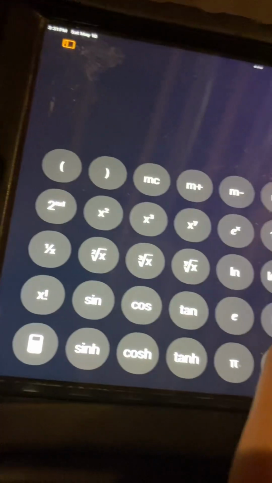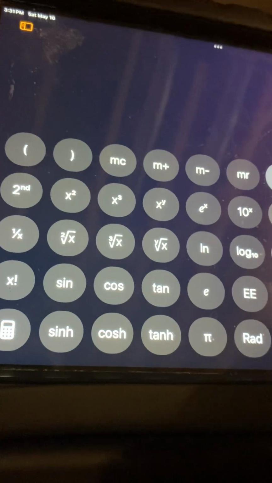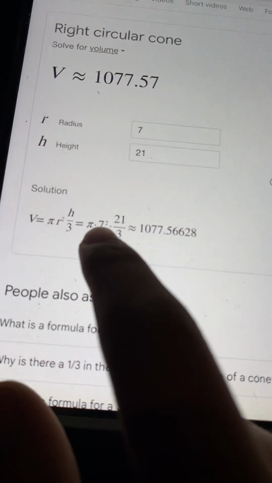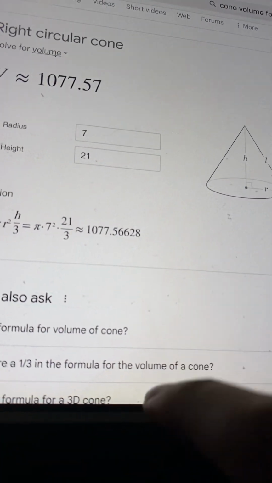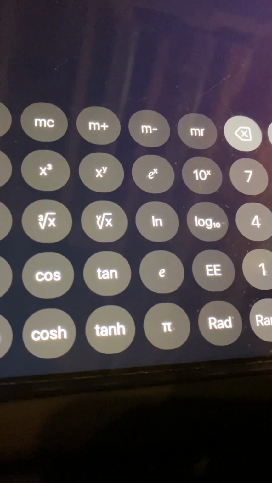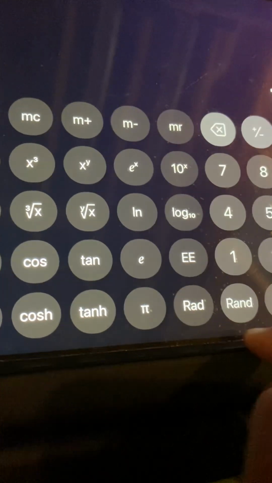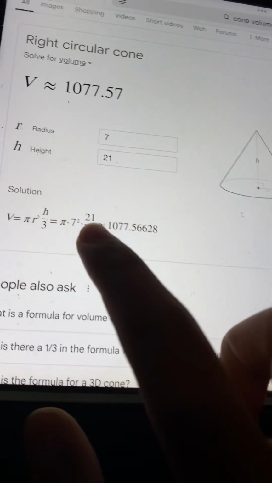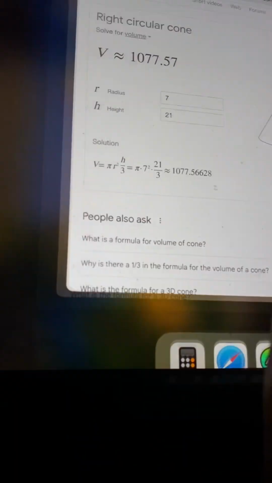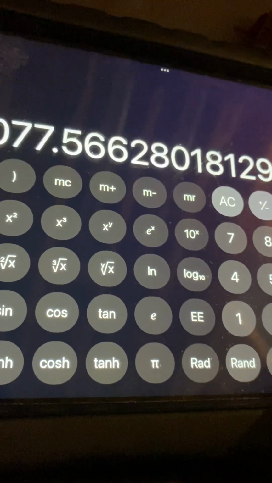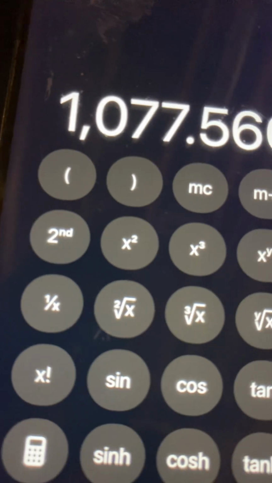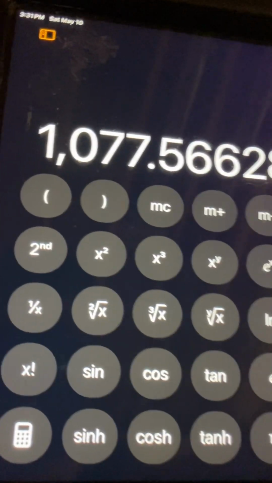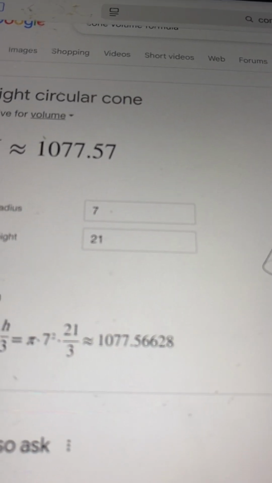Pi times 7 squared, and then multiply that by 21 divided by 3. 21 divided by 3 is really 7, so times 7. Is that the right one? 1077.56. Let's double check again. 1077.56. Yes, we did it.